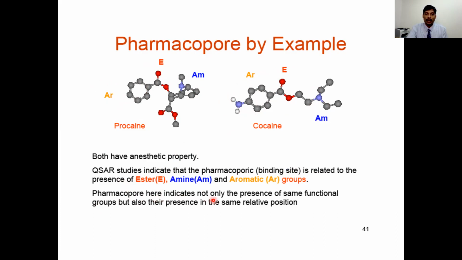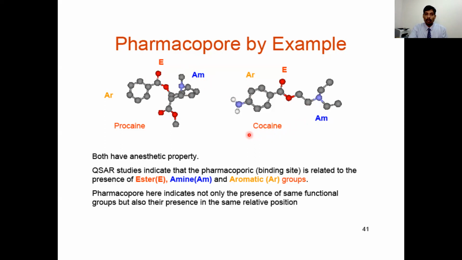This indicates not only the presence of the same functional groups, but also the presence of the same position. So the same position: aromatic, ester, amino and amino. So this kind of structure you try to mimic and find another molecule.